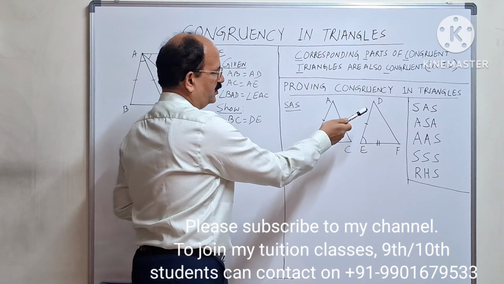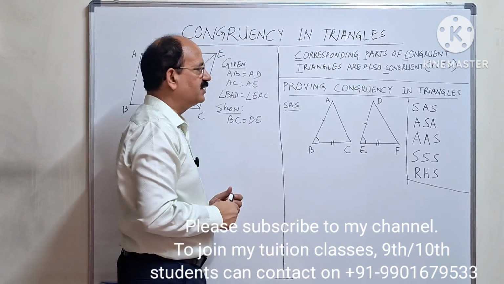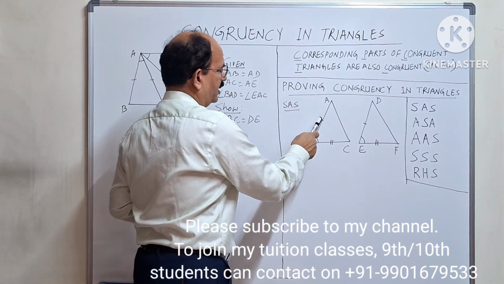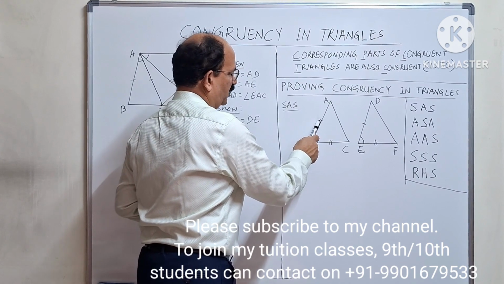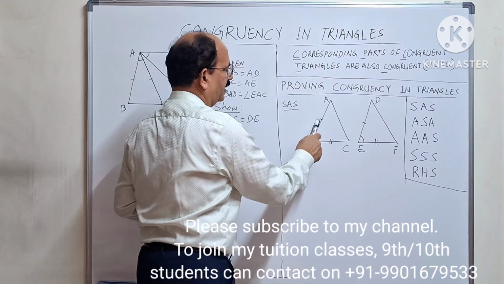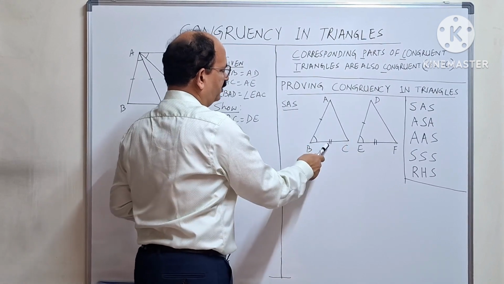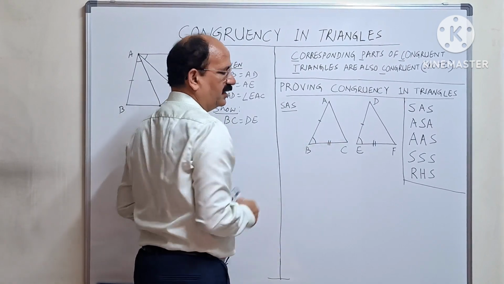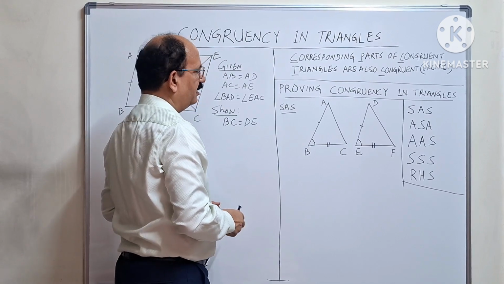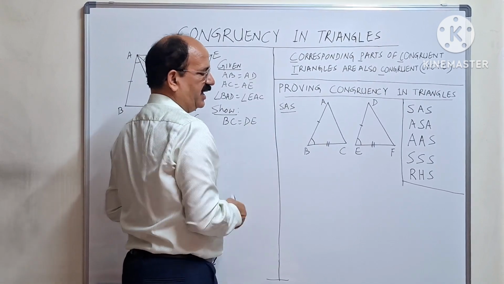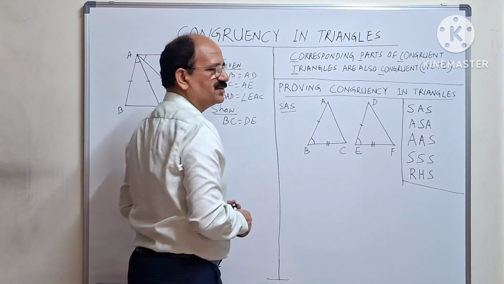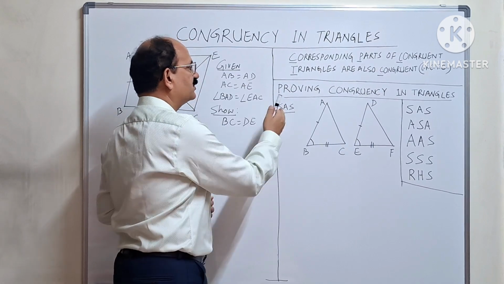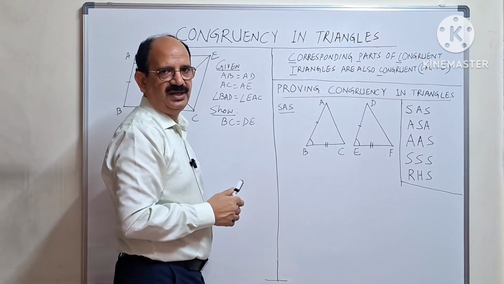SAS is one of those methods, in which if you are able to prove that the corresponding two sides are equal, like AB is equal to DE and BC is equal to EF, and intervening angle B and angle E are equal, then the SAS criterion is met and these two triangles will be considered congruent. Now today let us see the usage of this SAS criterion, how we can use it.